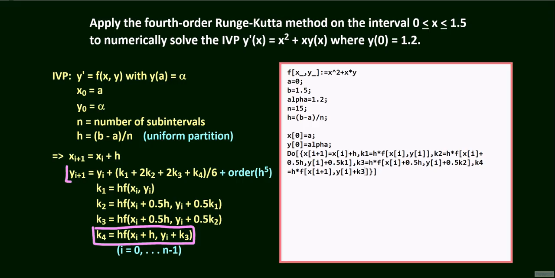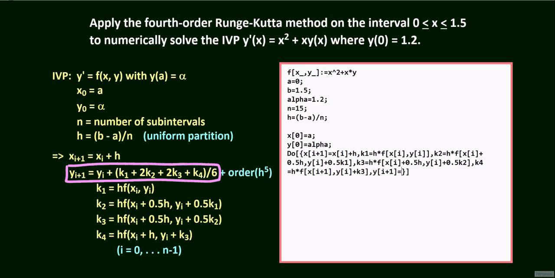Now we have the recursion for the y values. Y sub i plus 1 equals y sub i plus the sum of k sub 1, 2k sub 2, 2k sub 3, and k sub 4 divided by 6. The counter i goes from 0 to n minus 1 if the last pair of coordinates is to be x sub n and y sub n.